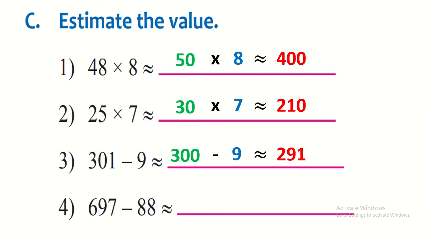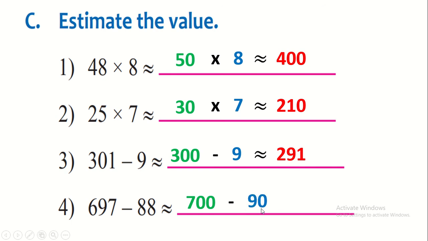Okay, number 4. For number 4, you have 697 minus 88. We round off to the nearest 10. You have 700. Minus 88, round off to the nearest 10.